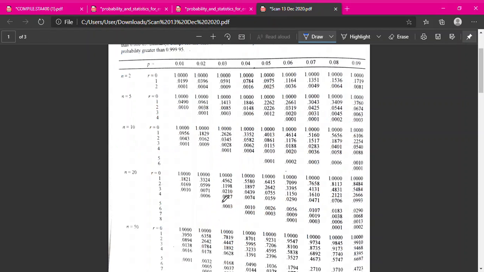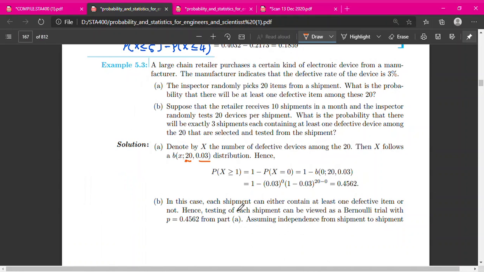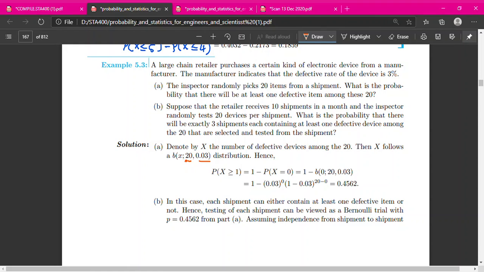Okay, ada P 0.03, N 20. So yang kita nak terus kat sini dia more than or equal to 1. So tak perlu buat apa-apa. Just cari saja 1. R1 here. So the value is 0.4562. So terus 0.4562. Boleh terus ambil.